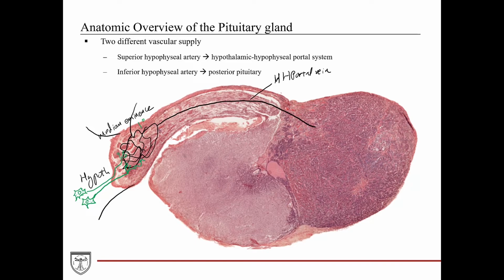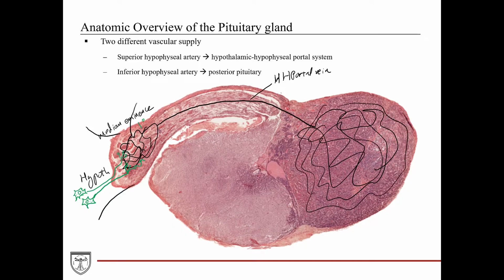And within the anterior hypophysis, this portal vein once again branches out into the fenestrated capillary networks all throughout the anterior pituitary. What happens here at the secondary capillary networks is all these regulatory hormones that have been picked up from the median eminence are stimulating or inhibiting the cells of the anterior pituitary gland.